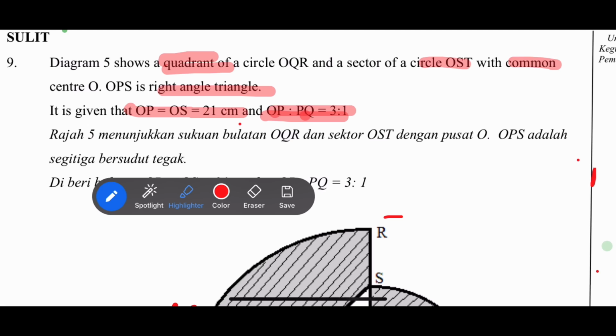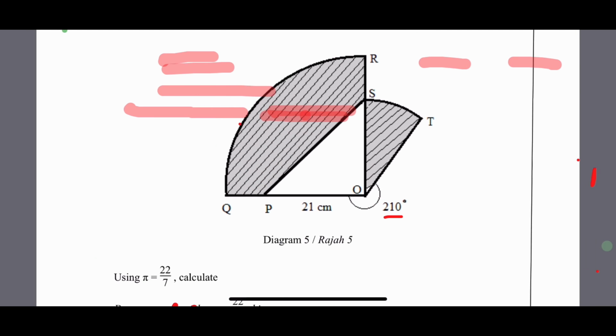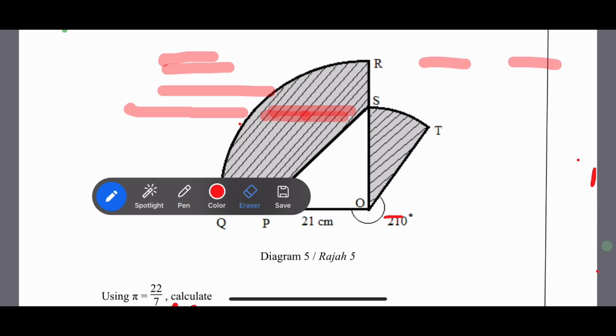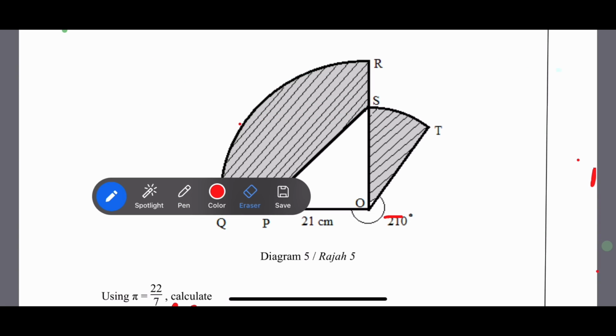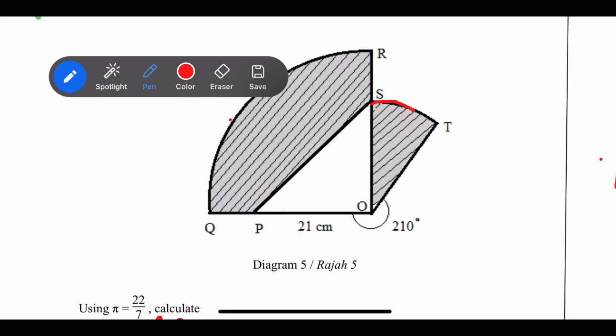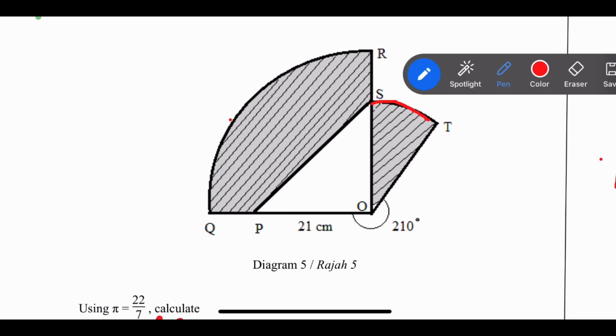Given OP equal to OS equal to 21, OP is 21, OS is 21, and OT also 21 is the radius. So now we will try to find the perimeter for the whole diagram. We'll highlight the arc length like this. Okay, whole diagram.